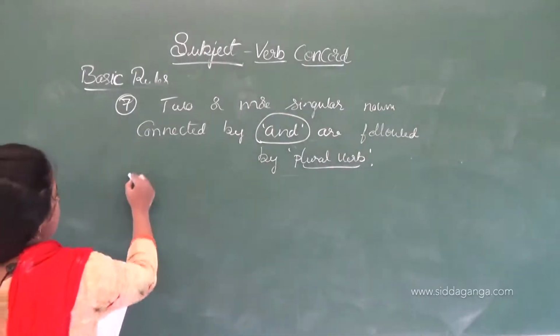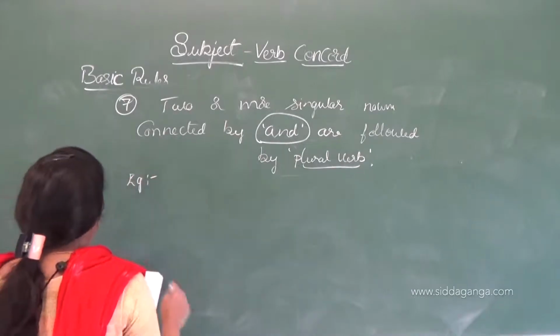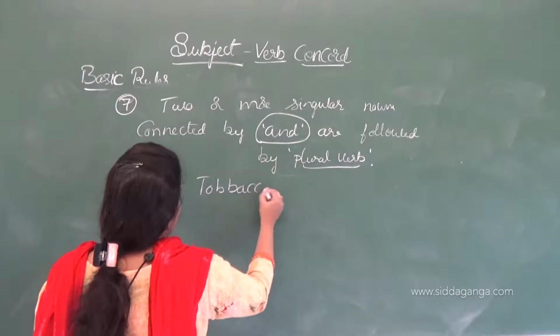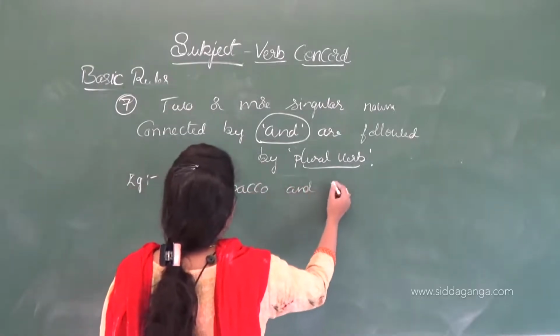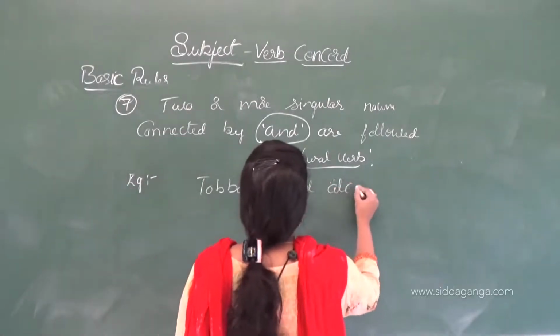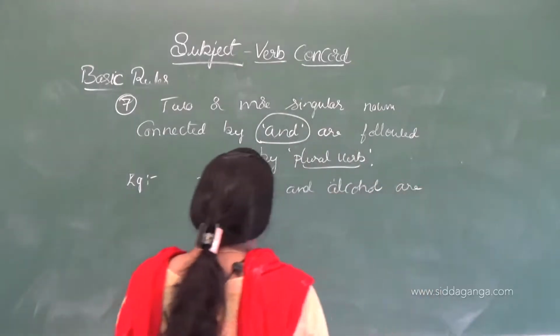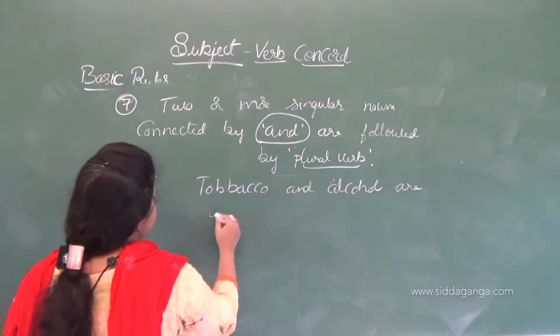So let's see the example here. Tobacco and alcohol are injurious to health.